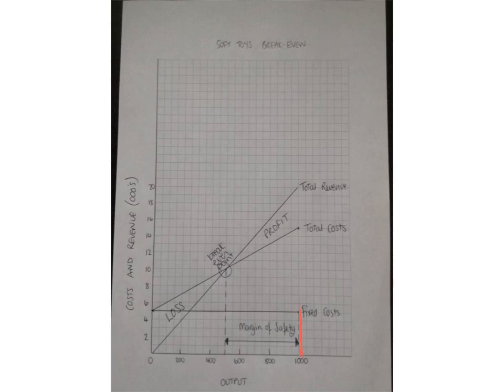So it's the difference between that and the break-even output. And in this case, my break-even output is 500 units. So my margin of safety then is the difference between 1,000 and 500. So there are 500 products in my margin of safety.